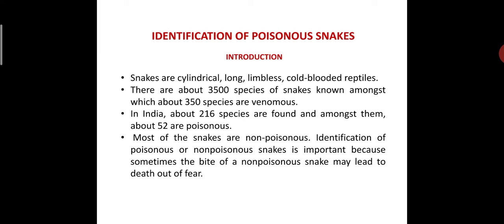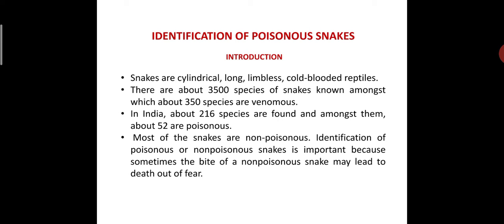So nearly 50 to 80 species of snakes in India are poisonous. The others are non-poisonous. Mostly, sea snakes are fully poisonous, and terrestrial snakes are mostly non-poisonous, with a minimum of poisonous snakes.